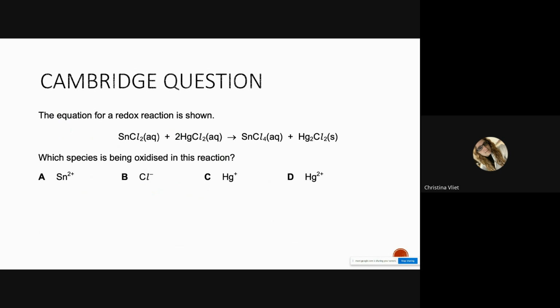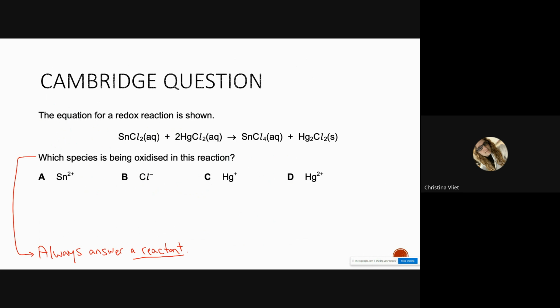One of the things that I want to bring up is when answering, always answer a reactant. If you are being asked what is being oxidized or what is being reduced, always answer a reactant because it's what's happening to what's on this side.